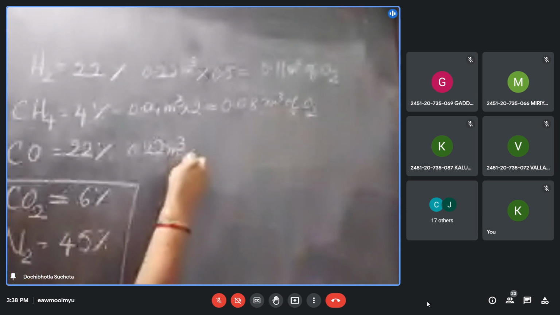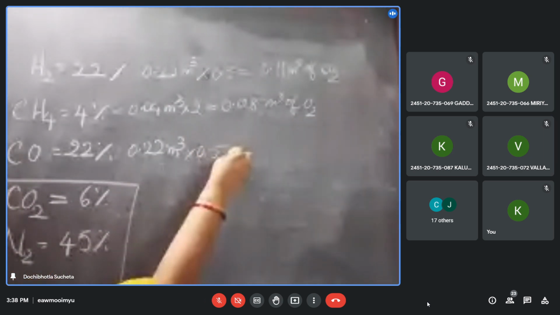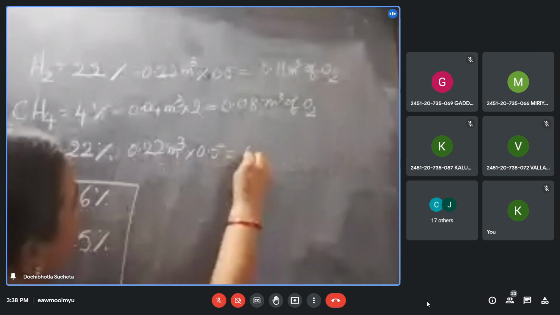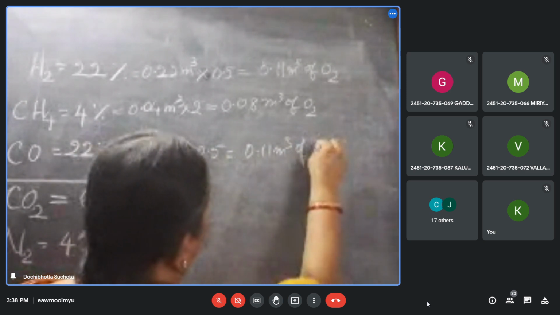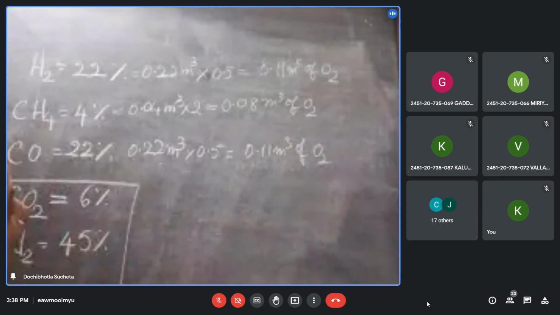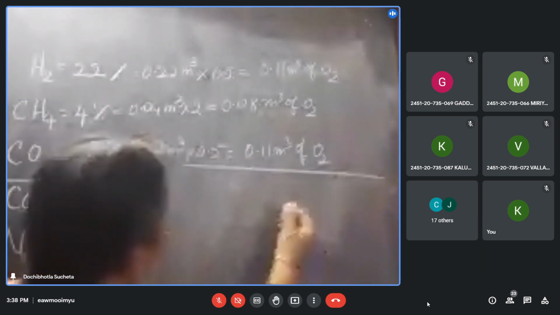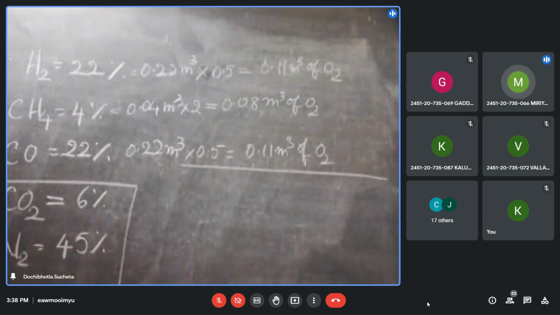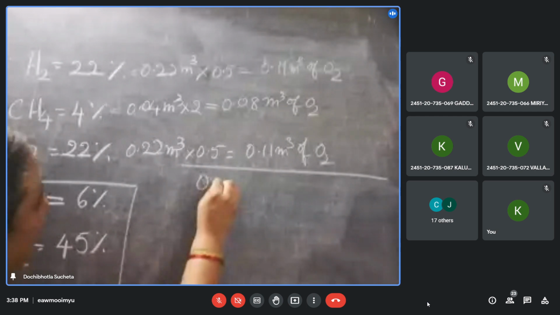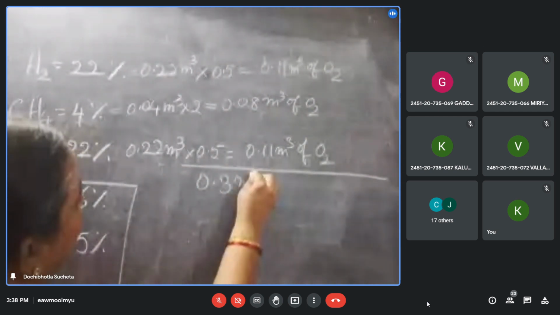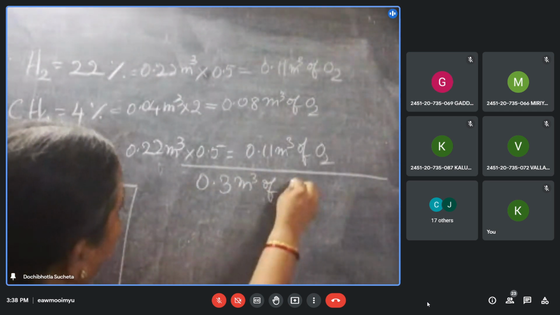Next, into 0.5 for carbon monoxide, and again it will be 0.11 meter cube of O2. So the total volume of oxygen required is 0.3 meter cube of O2.